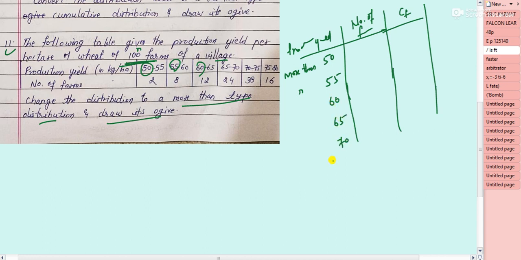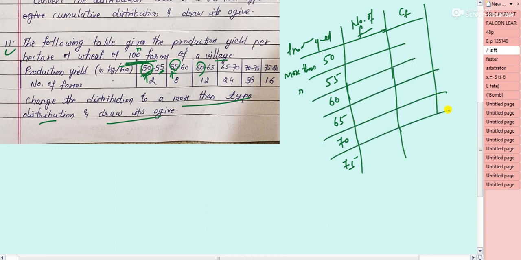It is the reverse, because we can't say more than 55 first; it should be more than 50, then more than 55. Write their frequencies as they are, whatever they have given: 2, 8, 12, 24, 38, 16.